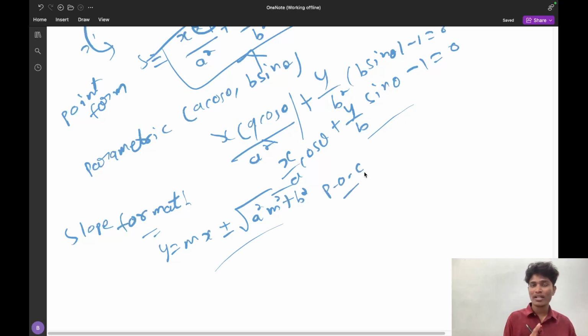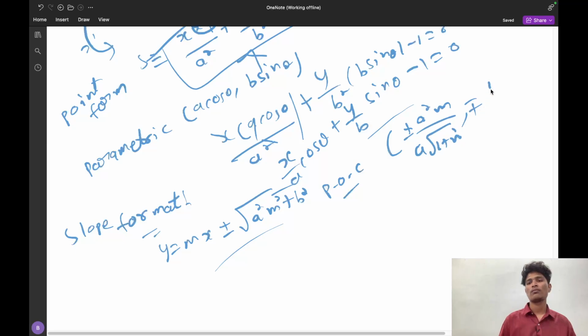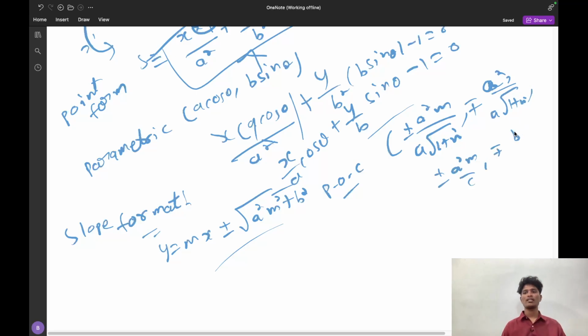In the circle, I have explained that the point of contact is plus or minus a square m divided by c comma minus or plus b square by c.